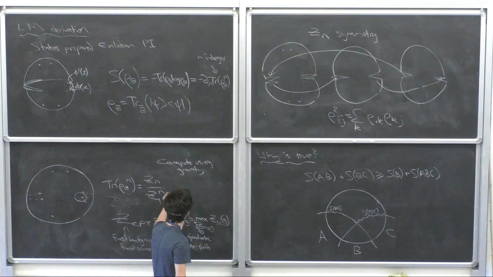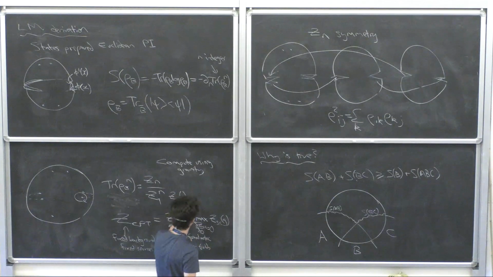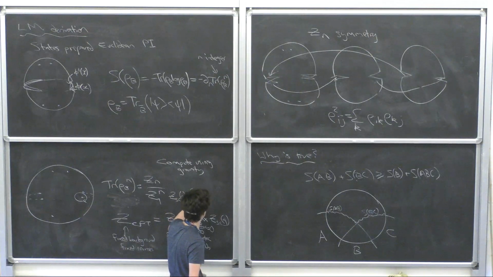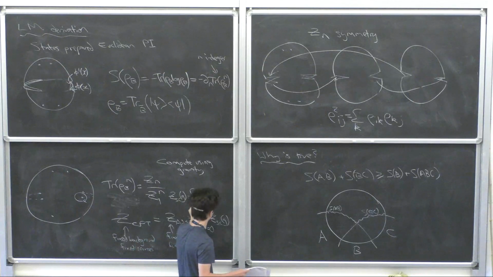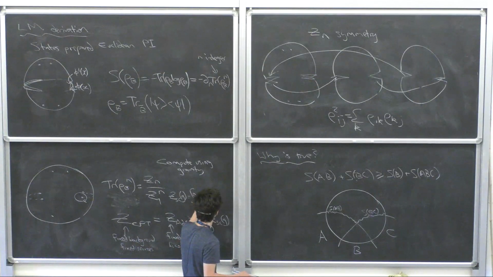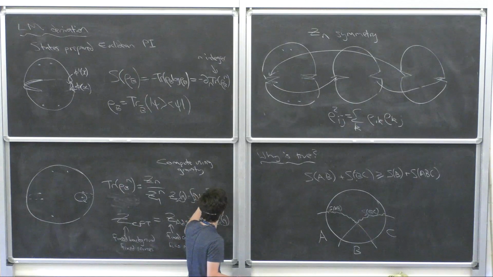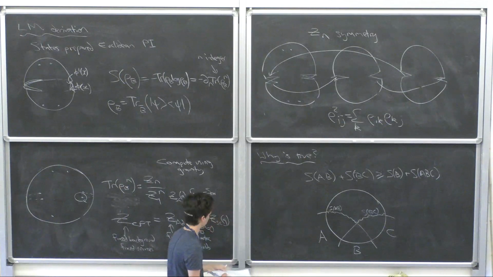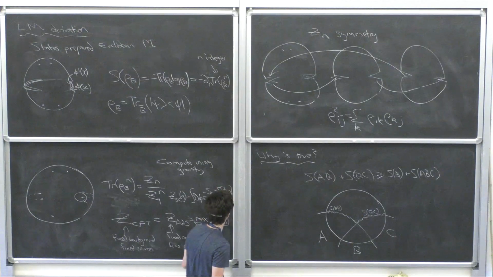Okay, so in particular, Z semi-classical of G is going to be equal to an integral over the matter fields, which we're treating fully quantum mechanically, of e to the minus just the Einstein-Hilbert action of G, so S Einstein-Hilbert, minus the S matter of the fields phi in the background G.